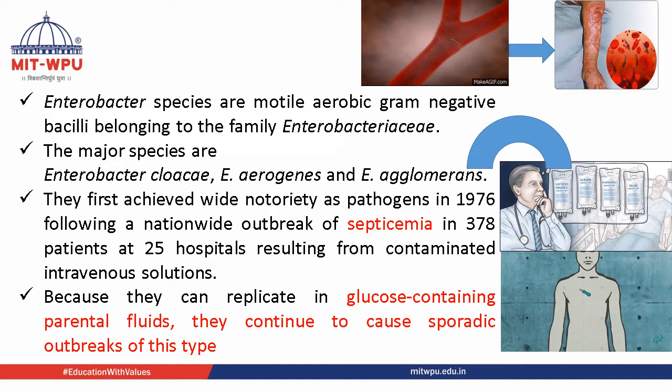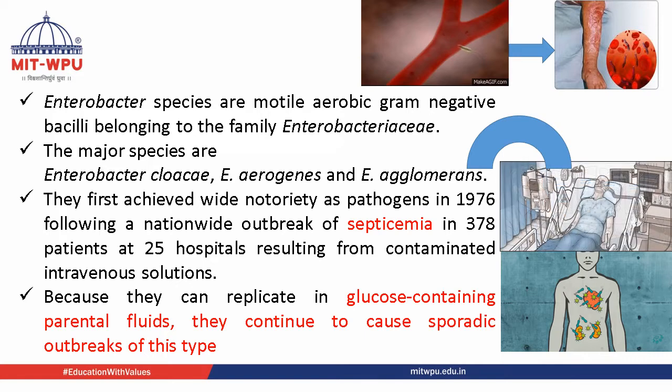That was the first case observed by scientists and clinicians. From that, people came to know that this microorganism causes these particular infections, because it can replicate in glucose-containing parenteral fluids and continue to cause sporadic outbreaks of this type. That's why scientists and pathologists are very keen to know how we can identify these species by using biochemical tests.